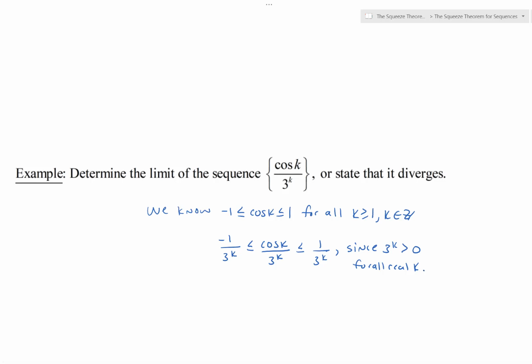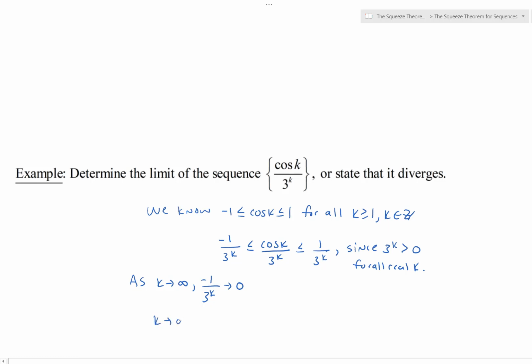So the whole idea is to get the function that we're considering trapped between two other functions. All we've written down so far are things that we know are true. Hopefully, as we let k go to infinity, we can apply the squeeze theorem. Let's see what happens. As k goes to infinity, -1 over 3 to the k goes to 0, since 3 to the k gets gigantically large.